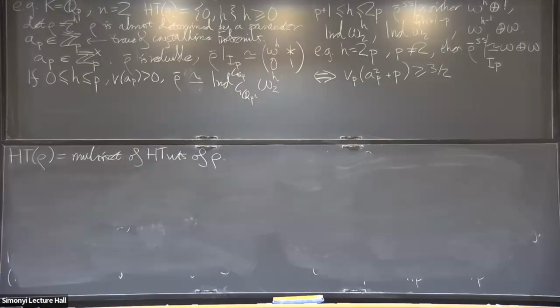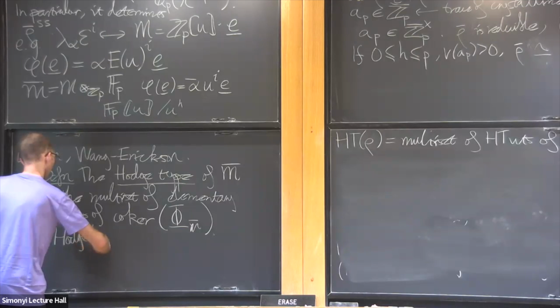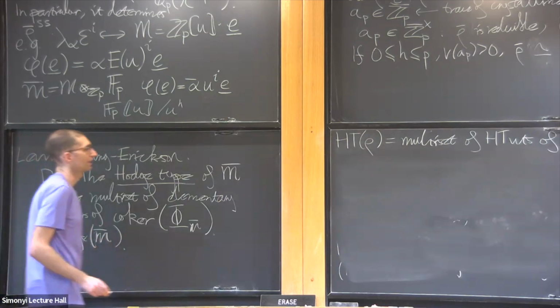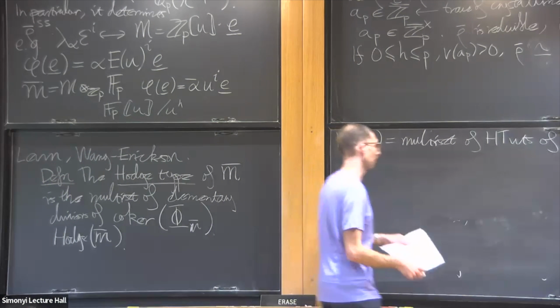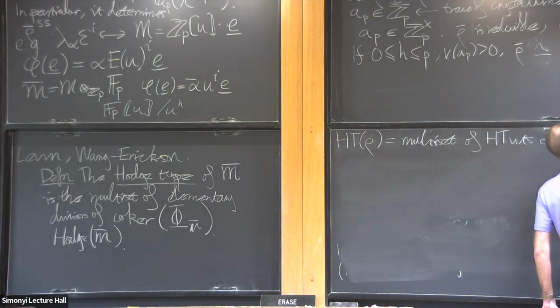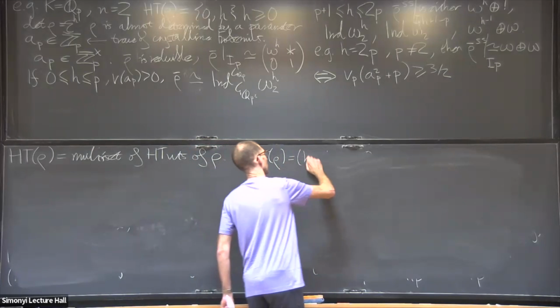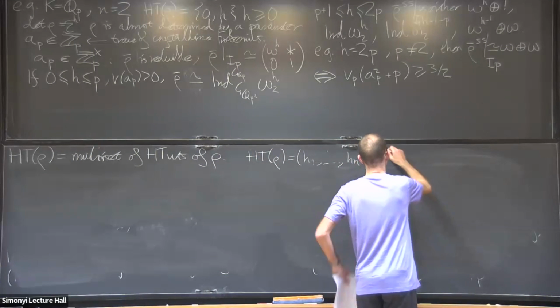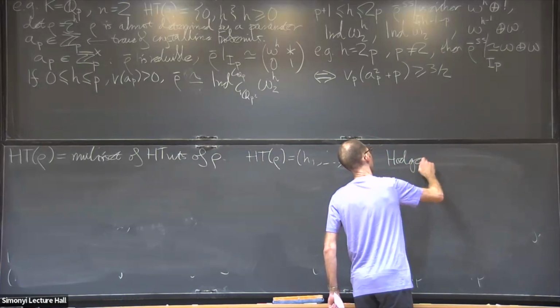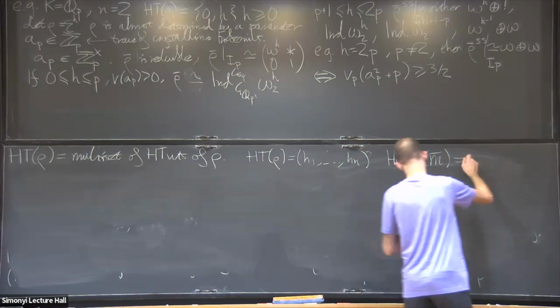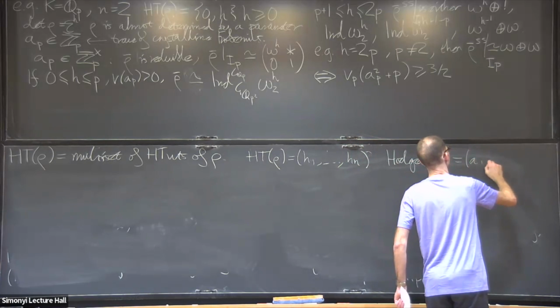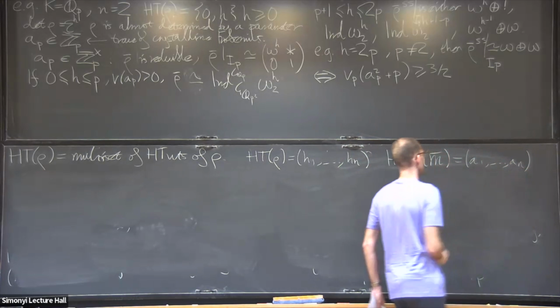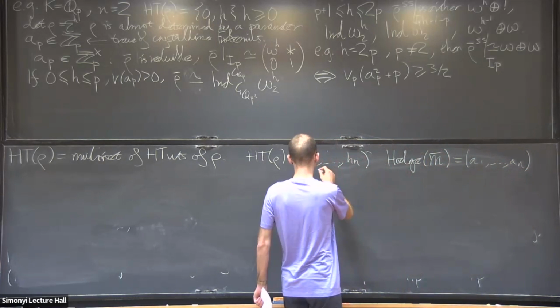And maybe this one I'm going to call the Hodge type. For stating this result, let's write the Hodge-Tate weights as H1 through Hn, and the Hodge invariant as A1 through An, and I want to write these as dominant cocharacters.